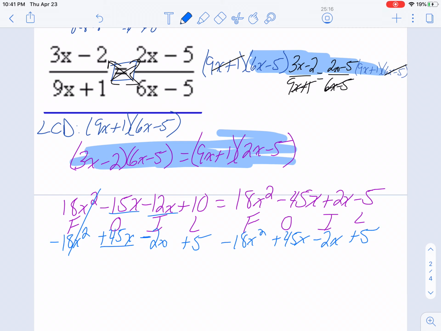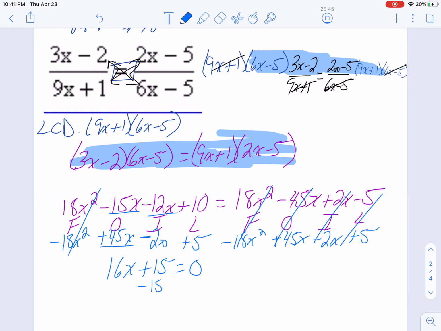When I add 45x, I get 18x, minus 2 is 16x plus 15 equals 0, because everything cancels out over here.